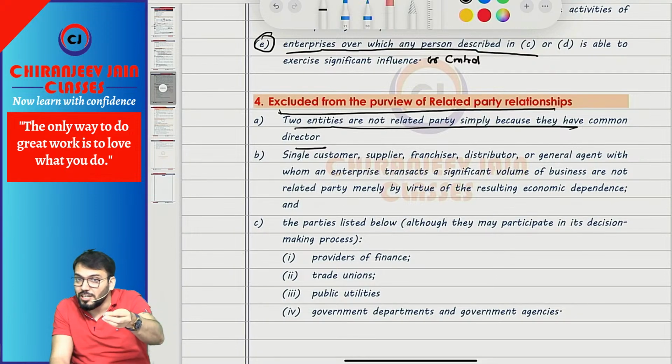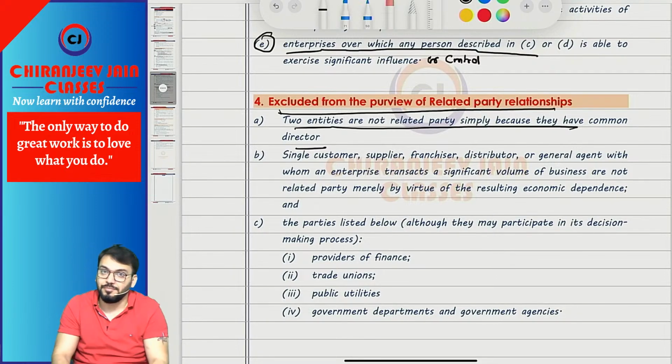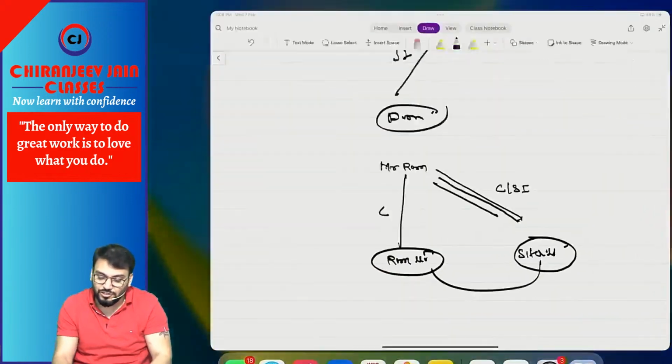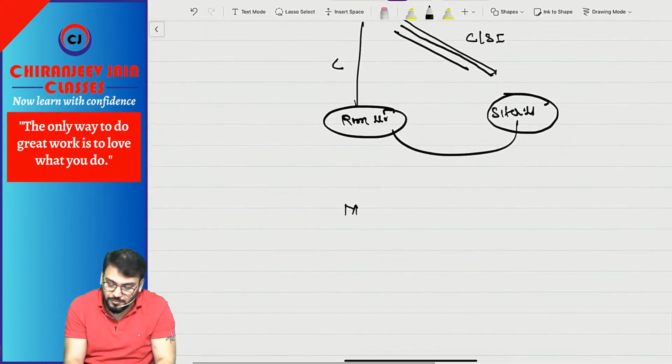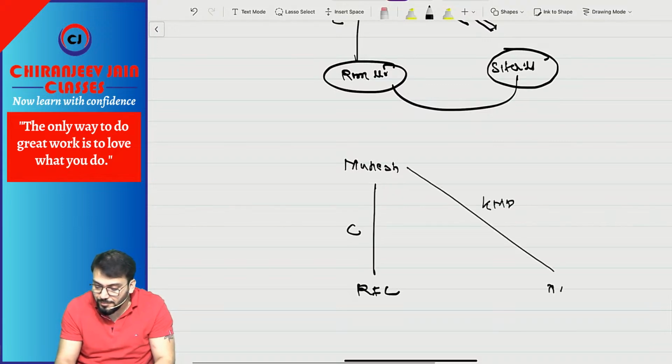Means if Mukesh Ambani is controlling one company, then it can be. Means it can be a possible situation. Suppose Mr. Ram or Mukesh Ambani controls Reliance Industry Limited, and Mukesh Ambani is a KMP of X Limited.